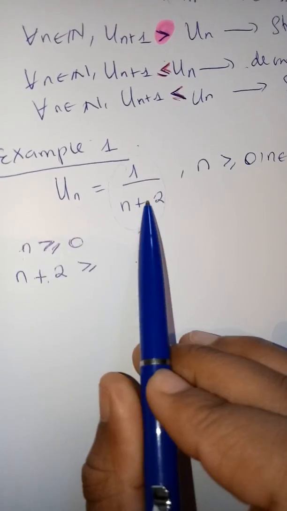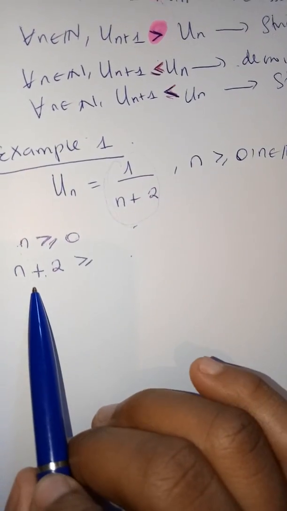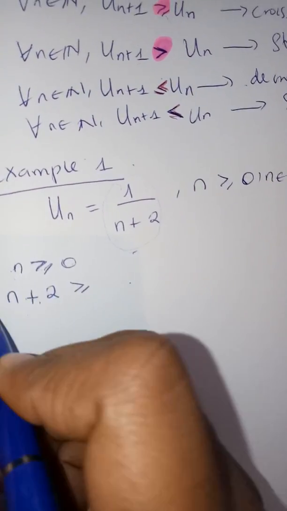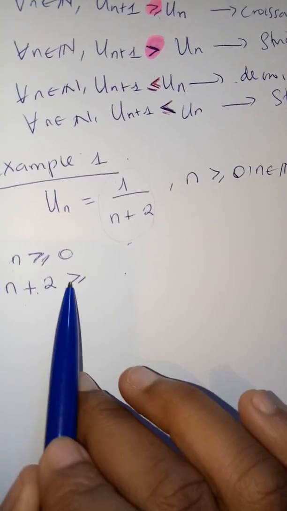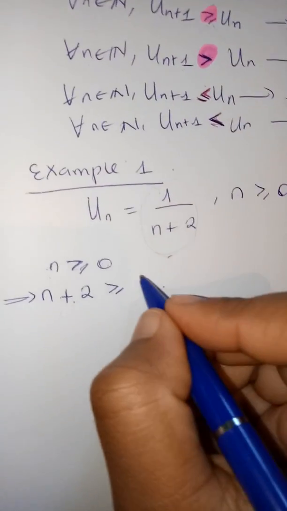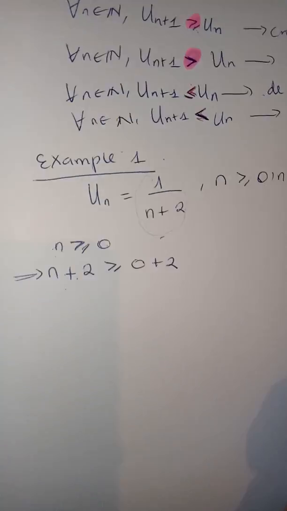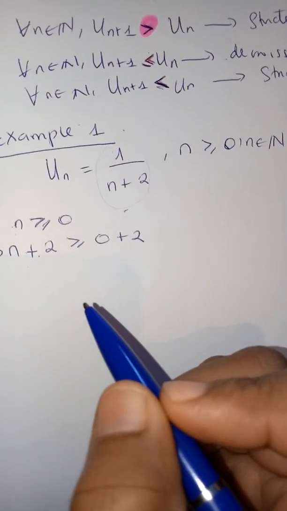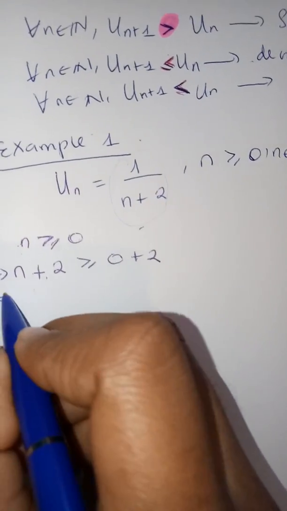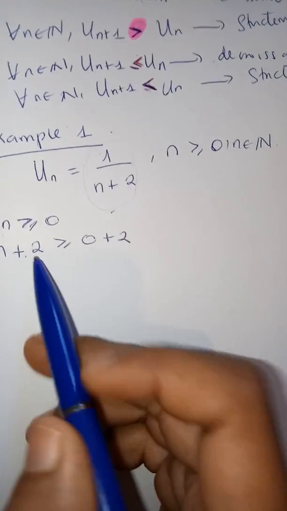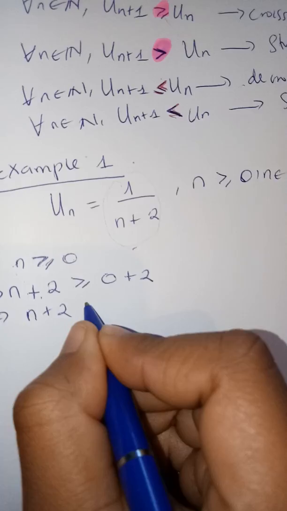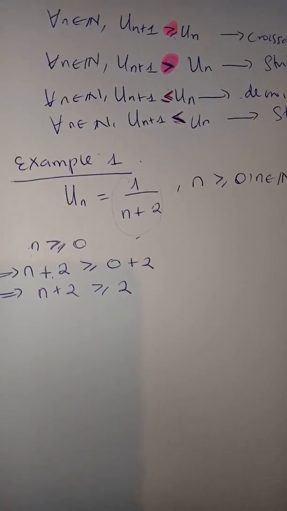So this implies that n plus 2 will be greater than or equal to 0 plus 2, because whatever I do here, I must do to the other côté. So n plus 2 is greater than or equal to 2.